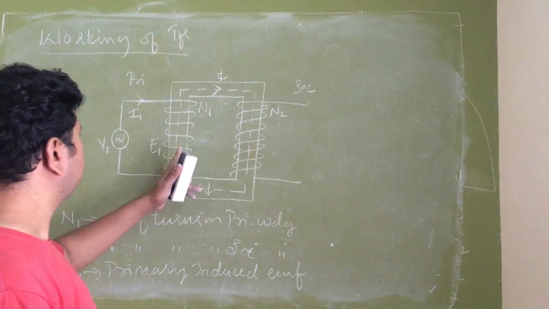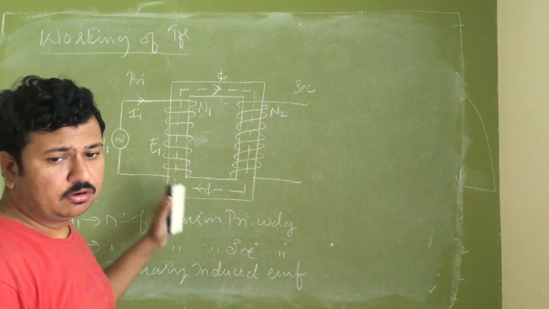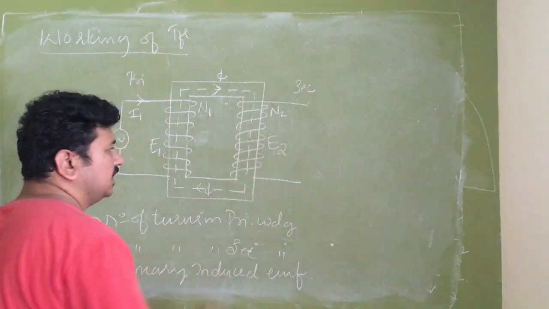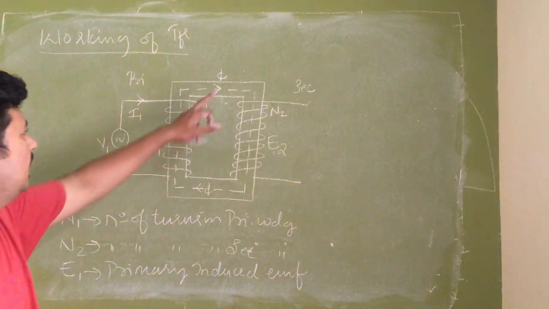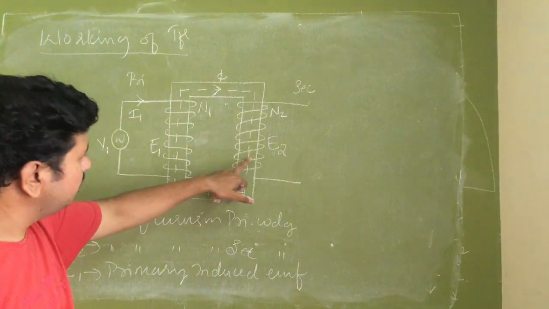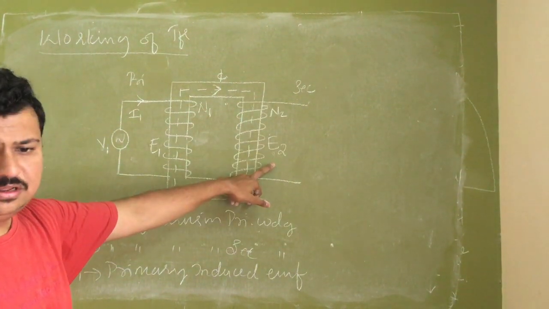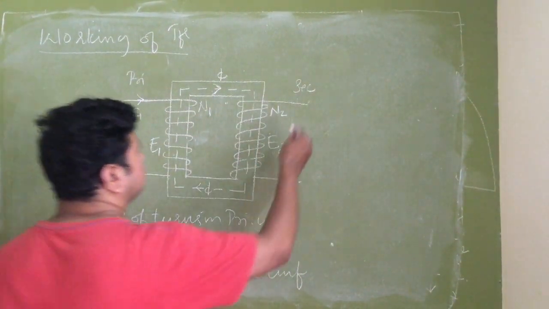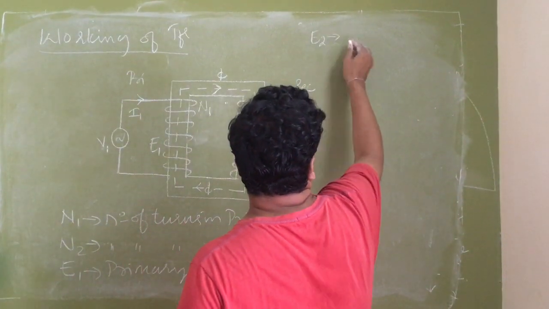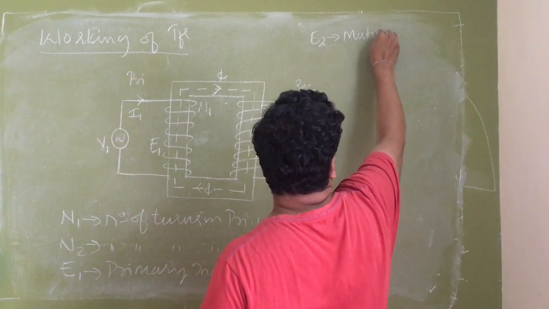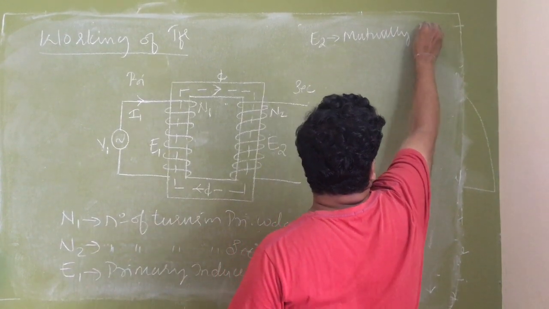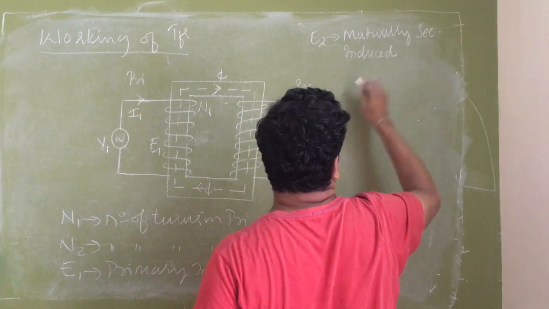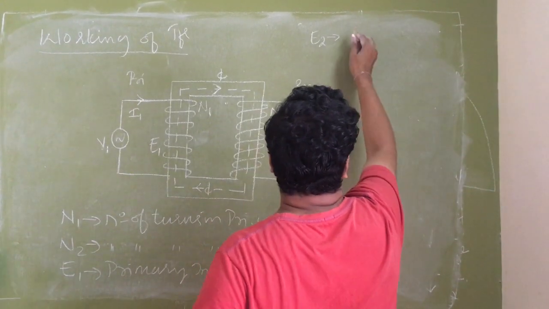The moment flux is created and links through the core to the secondary winding, there is an EMF induced in the secondary coil. Because the flux phi is alternating in nature, it is linking to the secondary coil. Therefore, there is an EMF induced in the secondary coil. So what is E2? E2 is the mutually induced, secondary induced EMF.